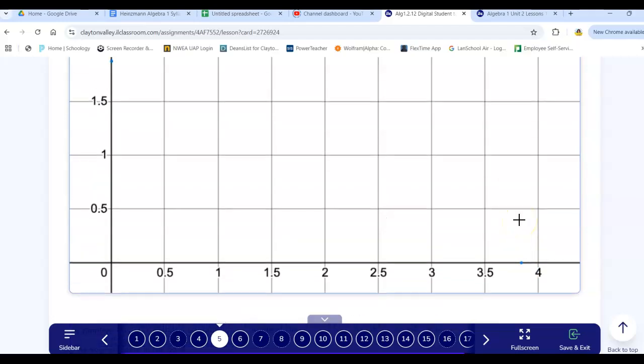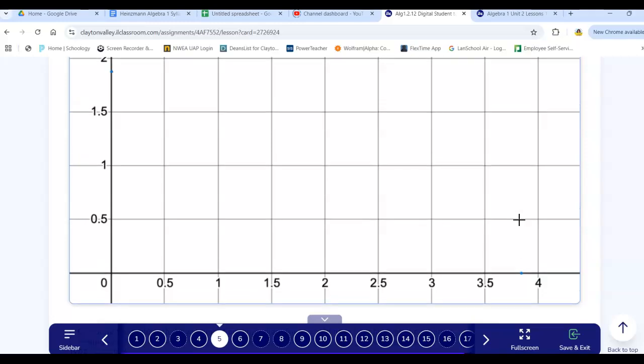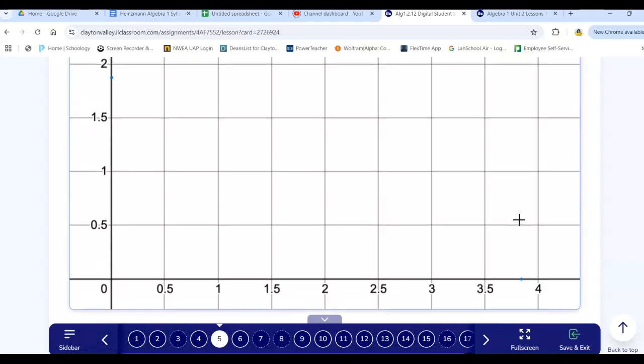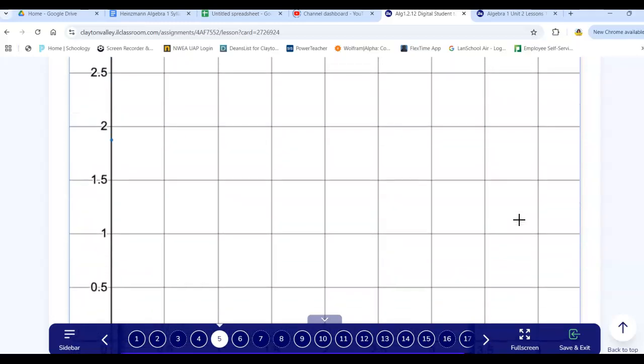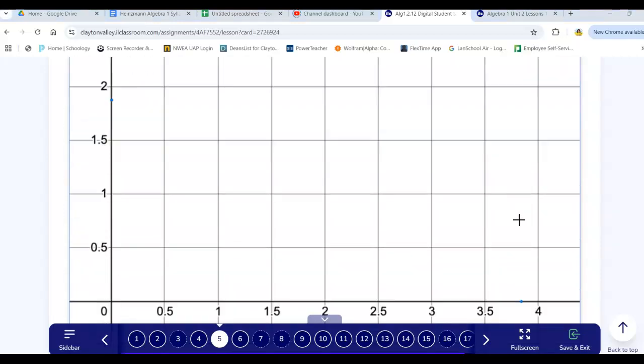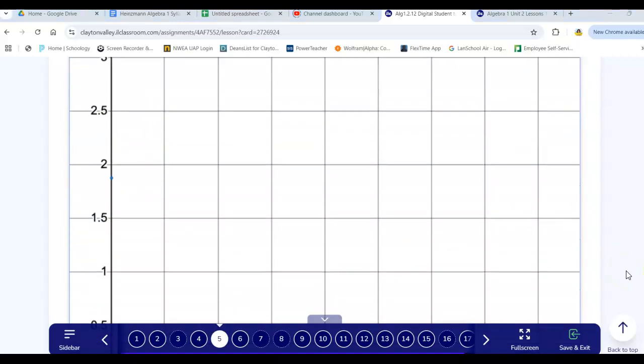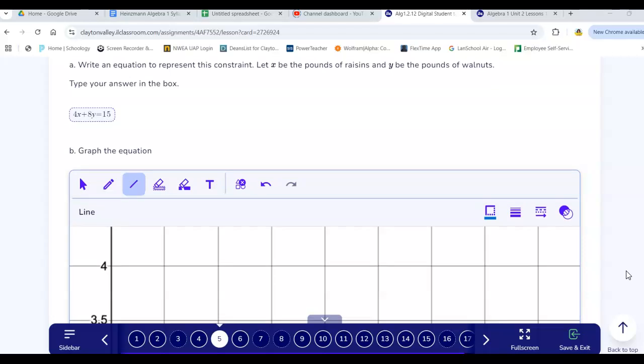So now that I put those two dots, I can draw a line between them. Pretty easy. Okay, so let's try to draw this line.